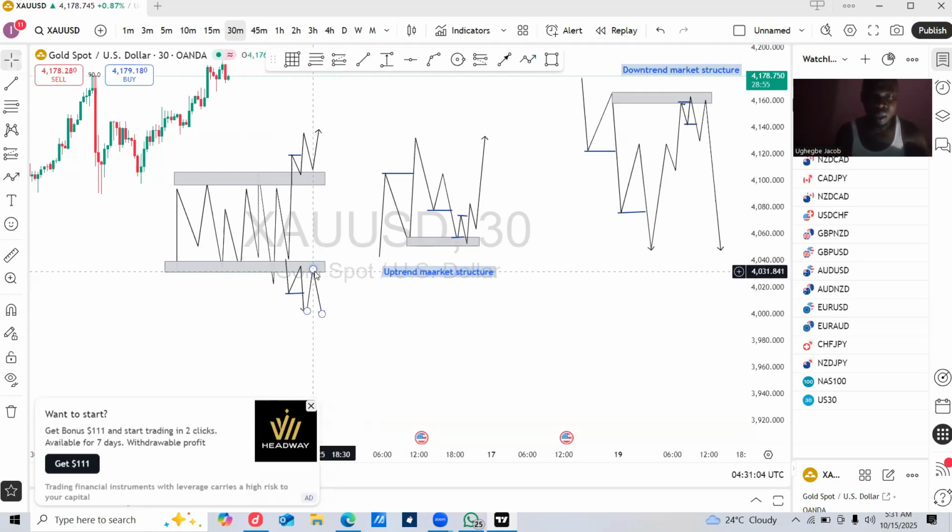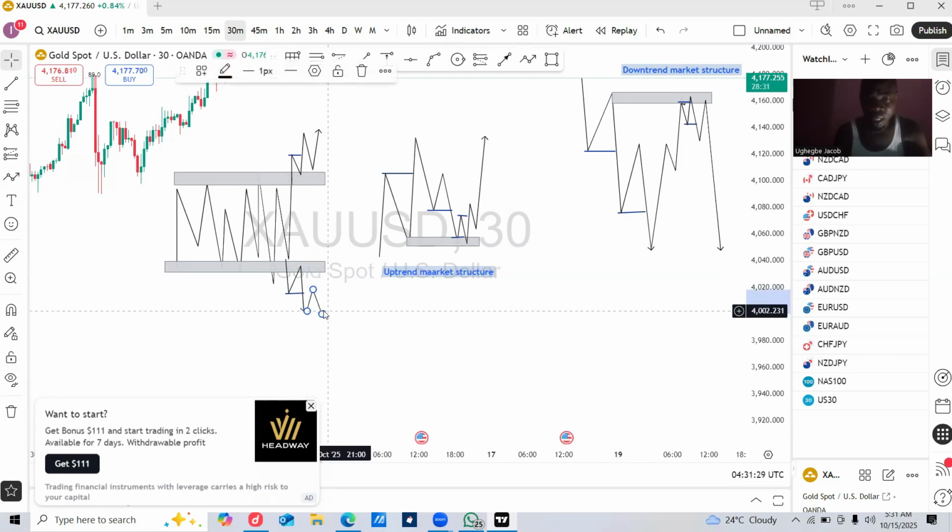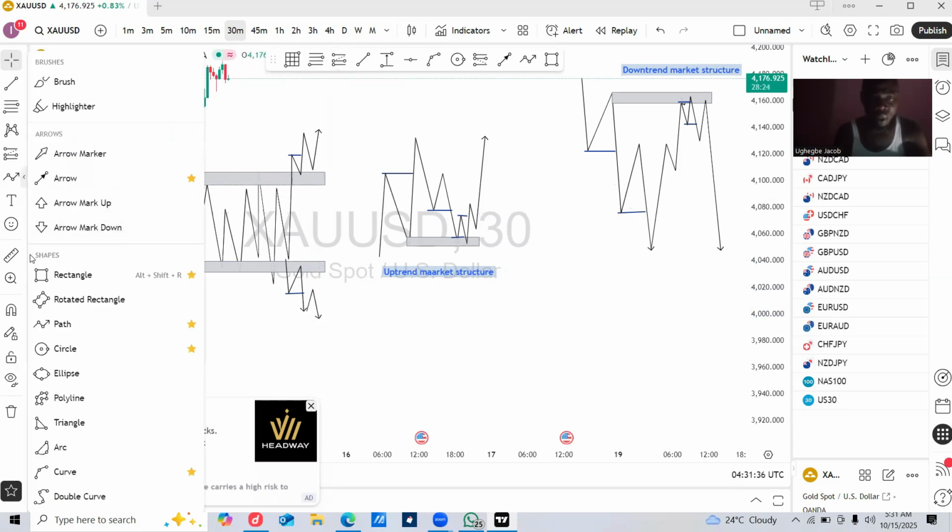But in most cases, you will see that most people will take this low as a breaker block. A breaker block is the last candle before the pulling up that failed to hold the price. So as the market is pulling up, most traders will target this area here and start selling the market from this area.